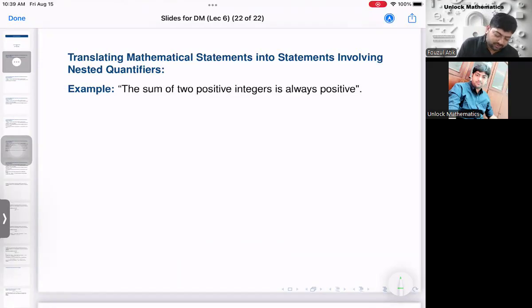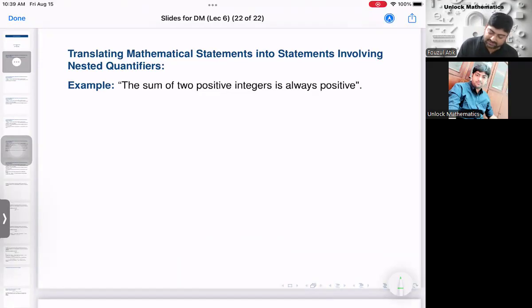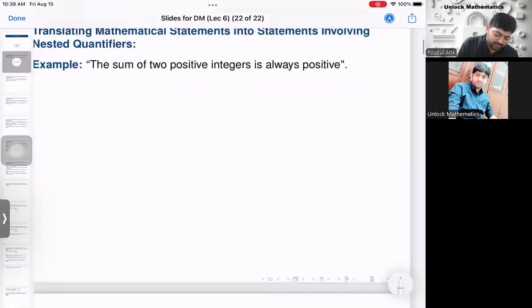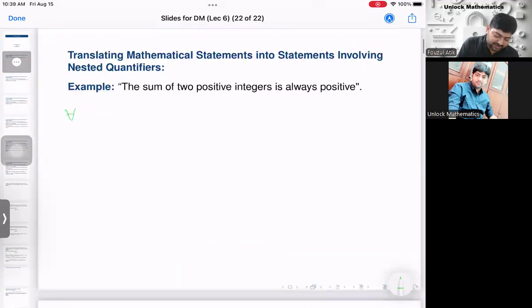So what we'll do? We'll say that for all x and for all y, right? So any two integers we have considered, and then two positive integers. So if x and y are greater than 0, how can you write?